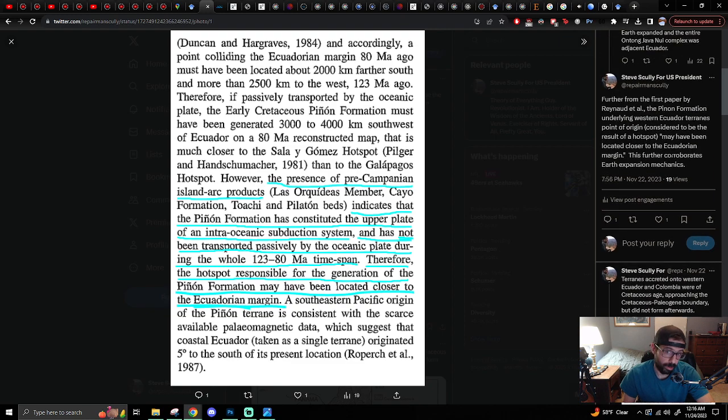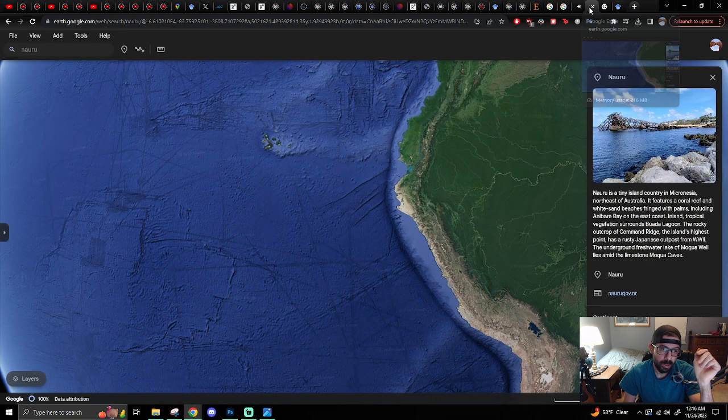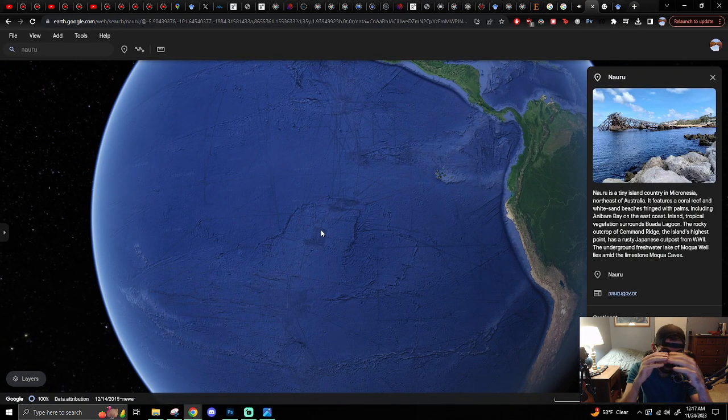And I just said this further corroborates Earth expansion mechanics. They're saying it may have been located closer to the Ecuadorian margin where this formed, which doesn't really make sense if it was part of the Ontong Java Plateau, Ontong Java Nui complex, unless the Ontong Java Nui complex also was over there and then the ocean separated it as it formed, not just as plates moved, but as it physically opened.